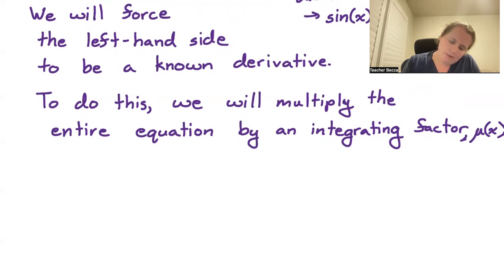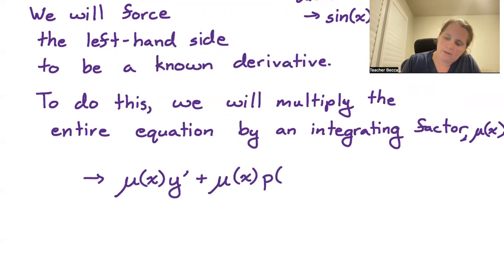So what we'll do here is we will have mu of x times y prime plus mu of x times p of x times y is equal to mu of x times f of x.